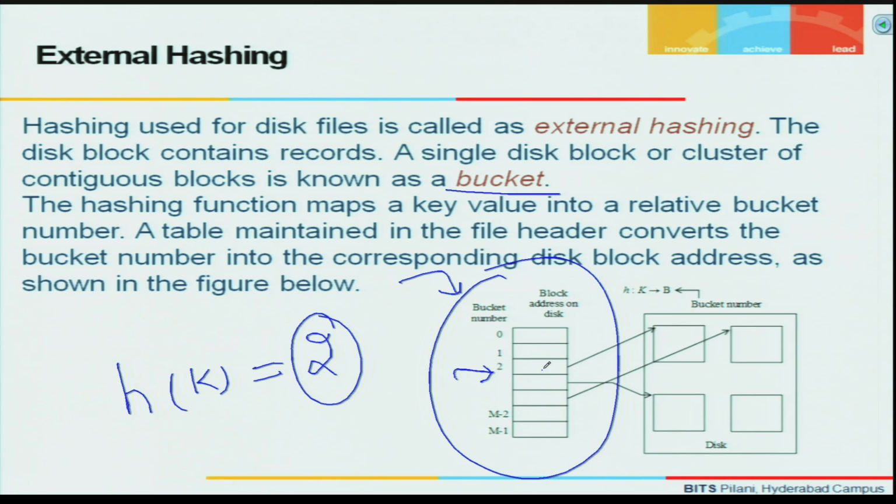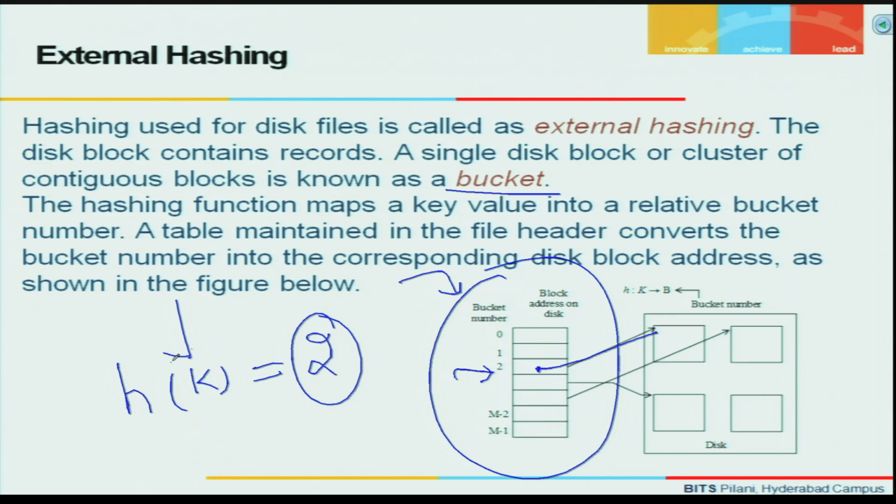Here I find a pointer or block address, which will take me to the actual physical block where the record with key value k is stored. That is why in external hashing we have buckets. A bucket can be a single block, most of the time it is a single block on the disk, or it could be a cluster of contiguous blocks.